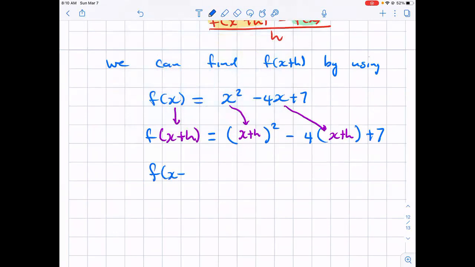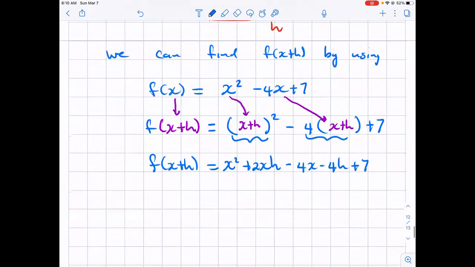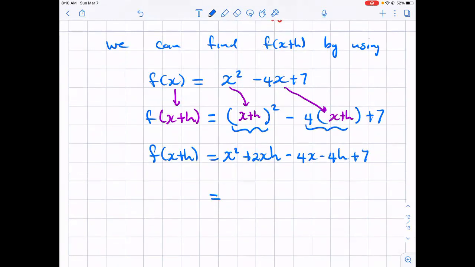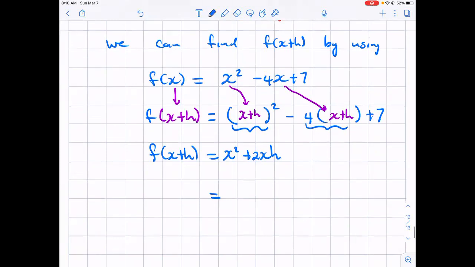When you simplify x plus h squared, you get x plus h times x plus h.